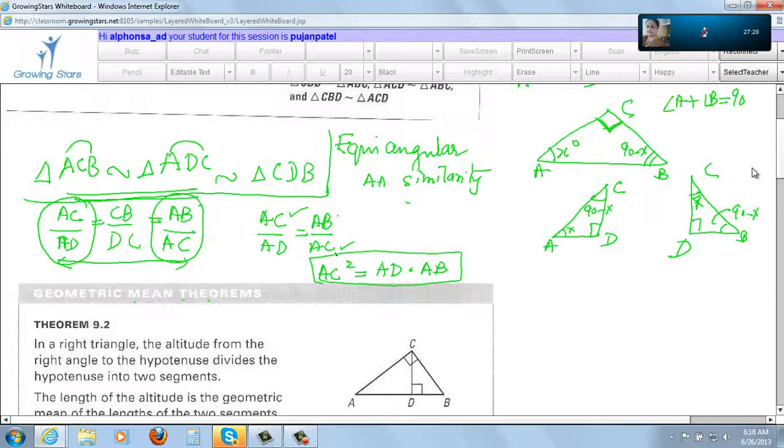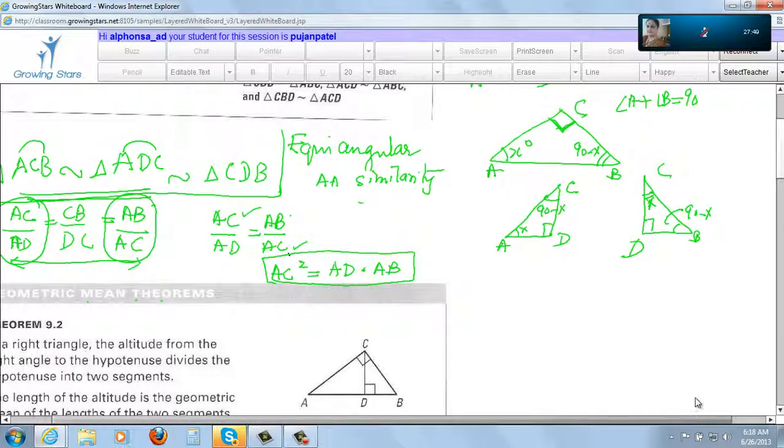So similarly, if I had taken the second and the third triangle, I would get a cross product there with a square. And if I take the first and the third also, I'll get a square when I take the cross product. So those three ratios have been put here as theorem 9.2 and 9.3. You can go ahead and take the product.